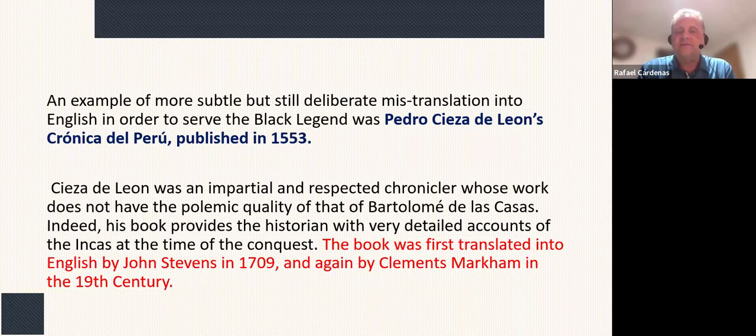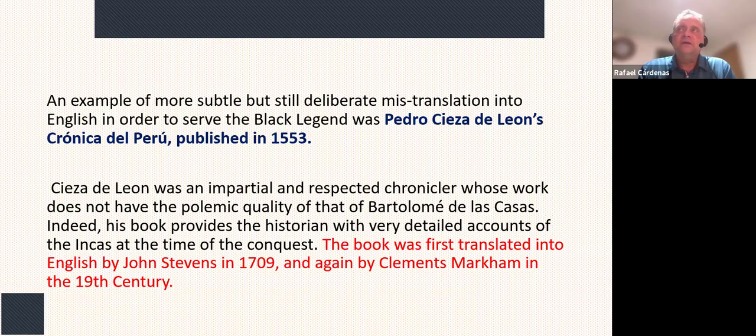Cieza de León was an impartial and respected chronicler whose work does not have the polemic quality of that of Bartolomé de las Casas. Indeed, his book provides the student with very detailed accounts of the Incas at the time of the conquest. The book was translated into English by John Stevens in 1709 and again by Clements Markham in the 19th century.